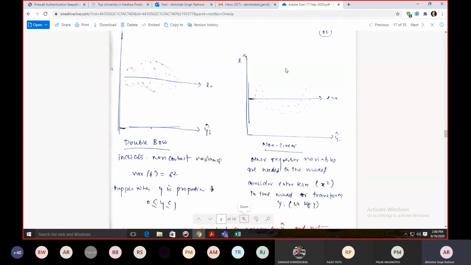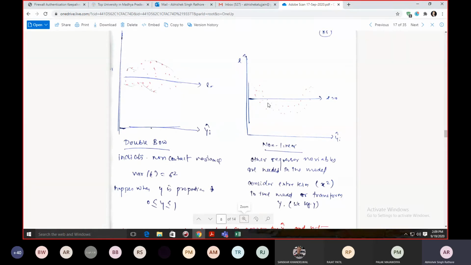That is, we had omitted some regressor variable in your multiple regression when you are getting collinearity. So it means that you are omitting some relevant regressor variables from your model, and you'll get non-linear residual plots.